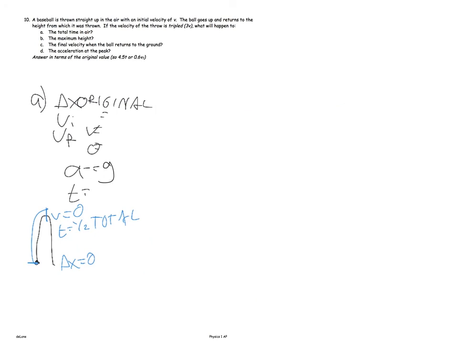Okay, moving on to part B, the maximum height. So what we're going to look at here now is we want to find this, so we really don't care about time for this part, so I'm going to use this equation, vf squared equals vi squared plus 2a delta x. 0, I'm going to the peak once again, so 0 equals v squared, the initial velocity, plus 2 times negative g times delta x.